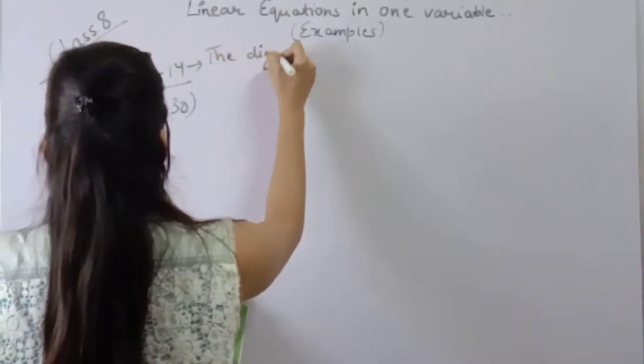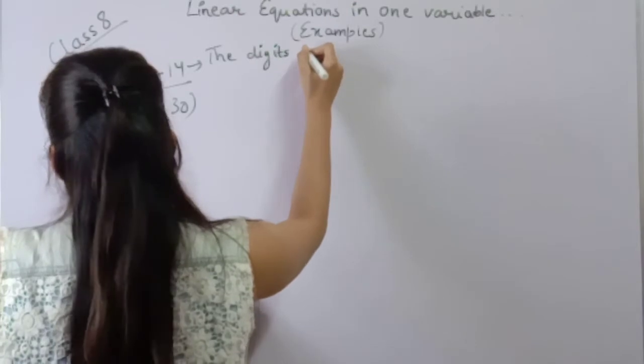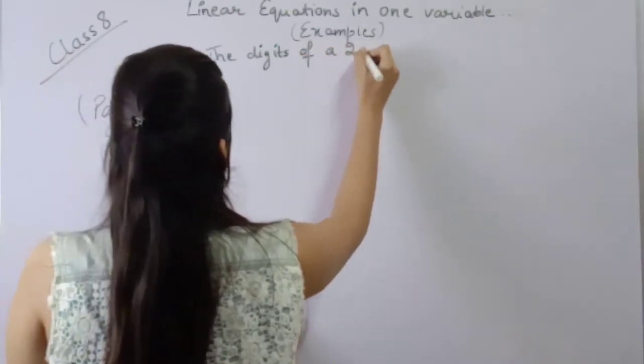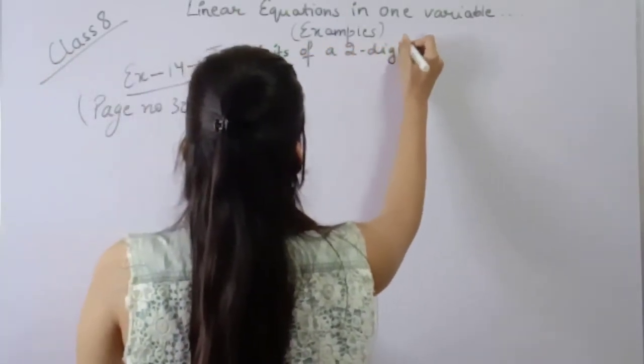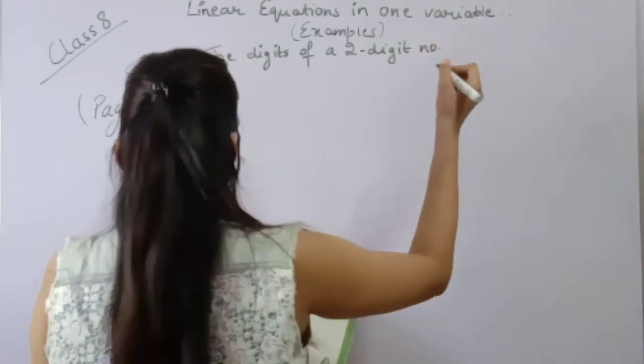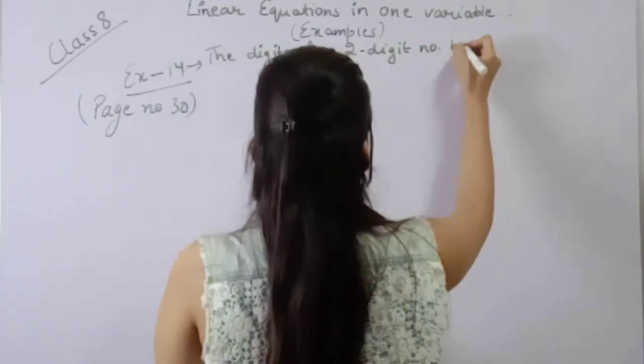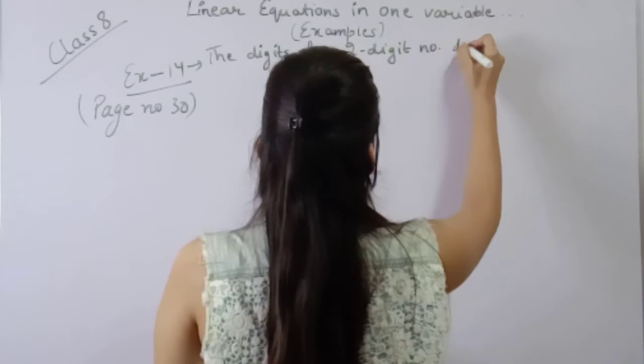The question says the digits of a two-digit number differ by 3.